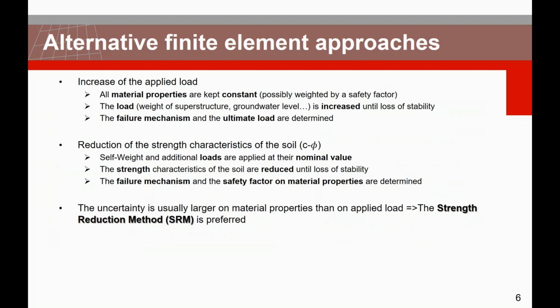Within the finite element approach, we can highlight two methods. The first is the increase of the applied load. In that case, all the material properties are kept constant. The load is increased until loss of stability, and the failure mechanism and the ultimate load are determined. Another one is the reduction of the strength characteristics of the soil, also called the c-phi reduction method.